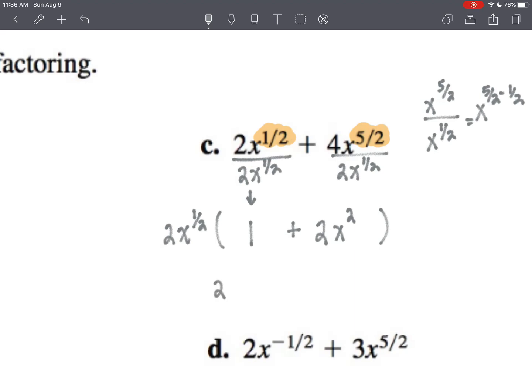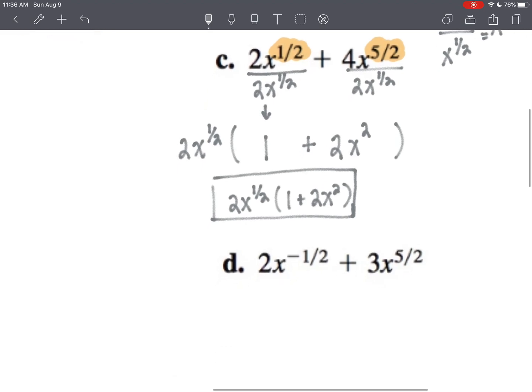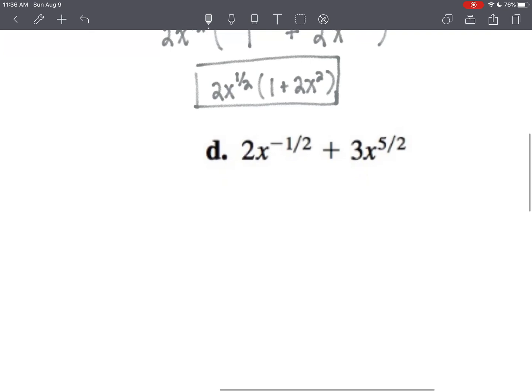So our answer is 2x to the 1/2 times the quantity 1 plus 2x squared. Now we'll be factoring quite a bit with rational exponents as we work into calculus and work with derivatives and even later on in integrals. So now you can go ahead and try this, see if you've got it.